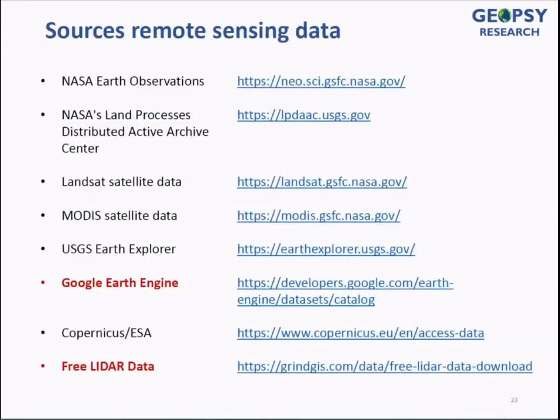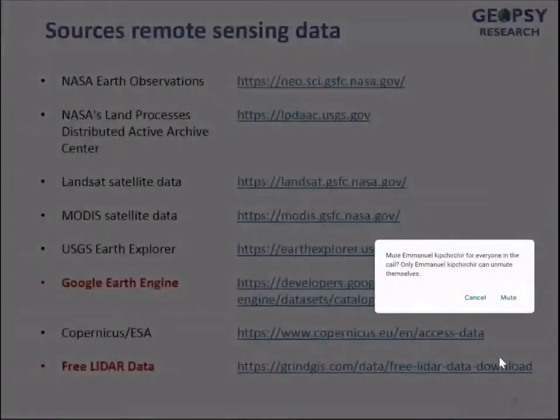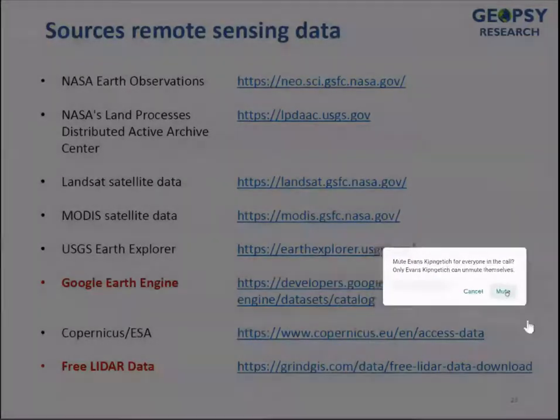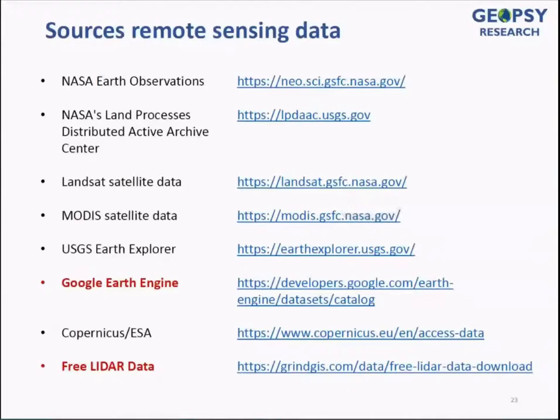Here again, I have an example of sources of data because I know there are people who, after this, will want to explore different kinds of data. So these are some links where you can get some data. Again, I'm not going to go into the details of them because you'll have these slides and you can check each of them. But I've highlighted two. One is the Google Earth Engine.